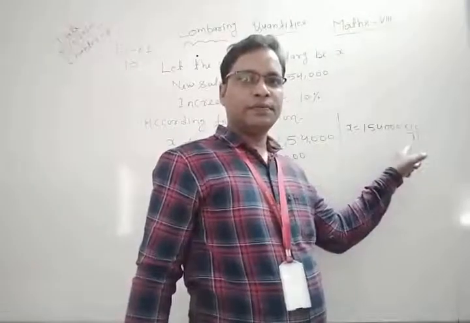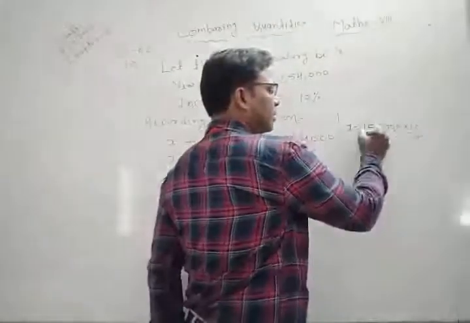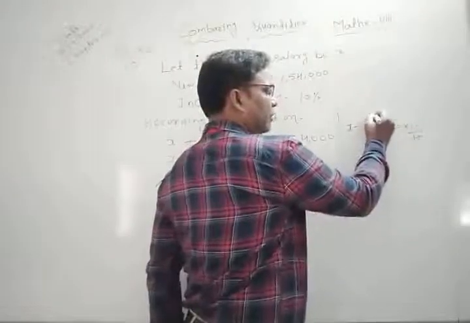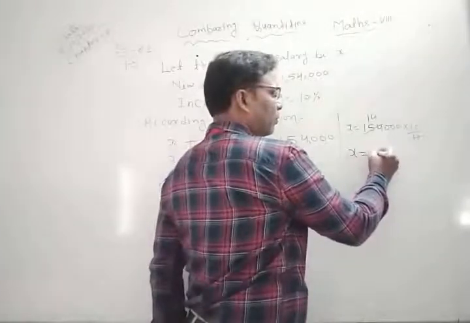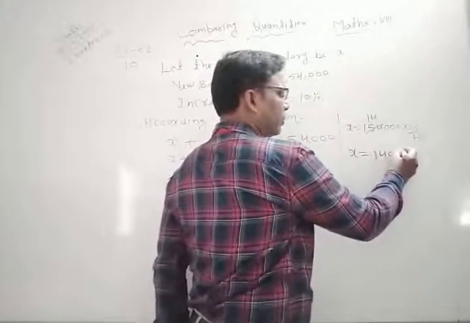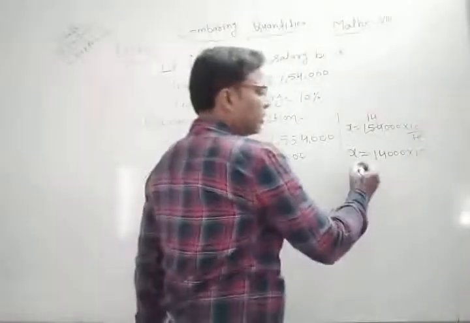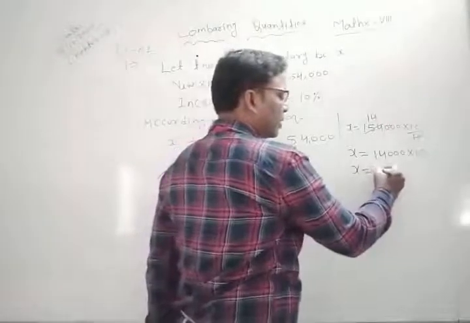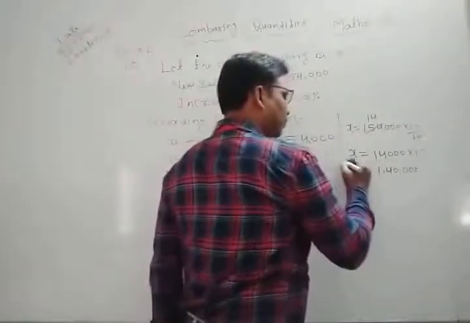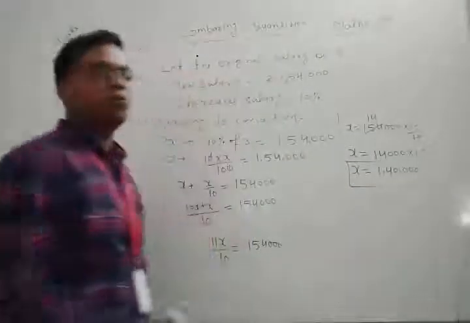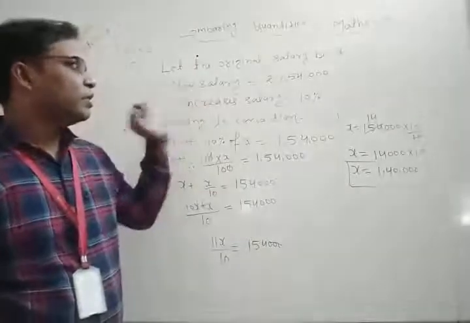If you cancel it, 11 into 14 is 154, so in this way you have 14,000 into 10. This is equal to 1,40,000 rupees. We find the value of X is 1,40,000. So what is X? X is the original salary.